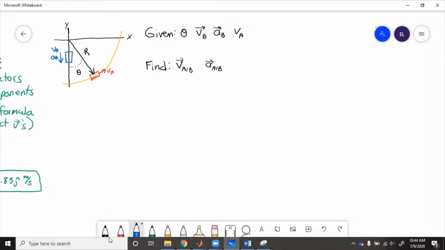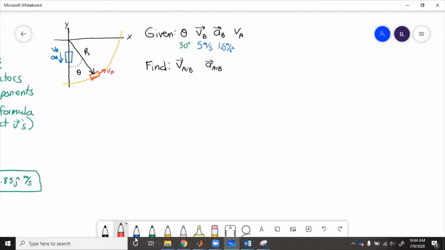So let's say theta equals 30 degrees. And velocity of B, 5 meters per second. And then acceleration is 1.5 meters per second squared.